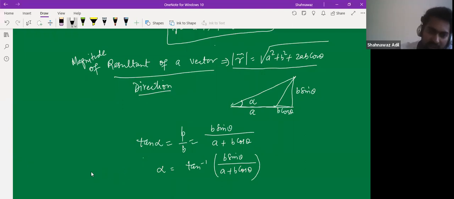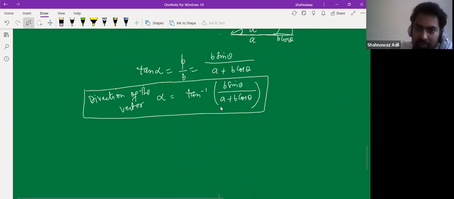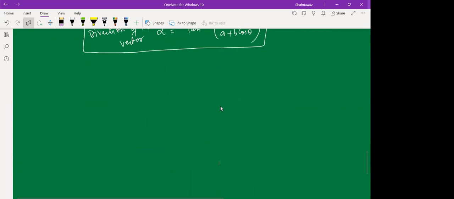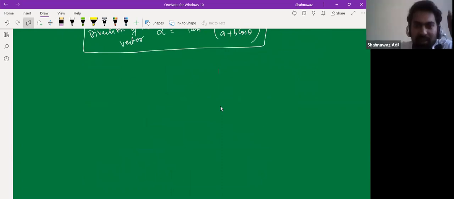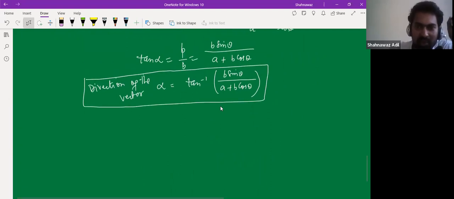So this is the direction of the vector. Understood up to this point? Yes, sir. So we calculated the magnitude and direction of the resultant of the vector by parallelogram's law.